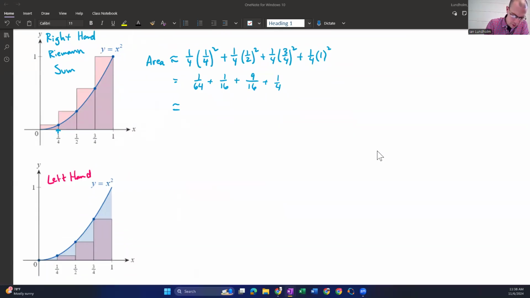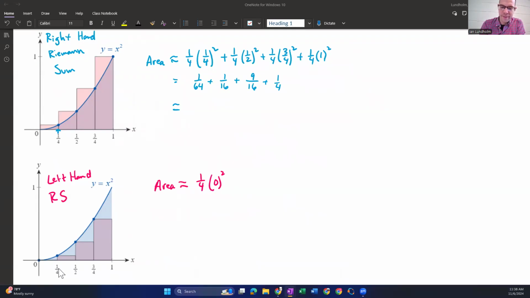Left-hand Riemann sum. So here we would be estimating the area by adding 4 more rectangles. Sadly enough, the first rectangle doesn't have any height at all because we're using an input of 0 to start for the height of our first rectangle. So the base of that rectangle is still 1/4, but the height is 0.